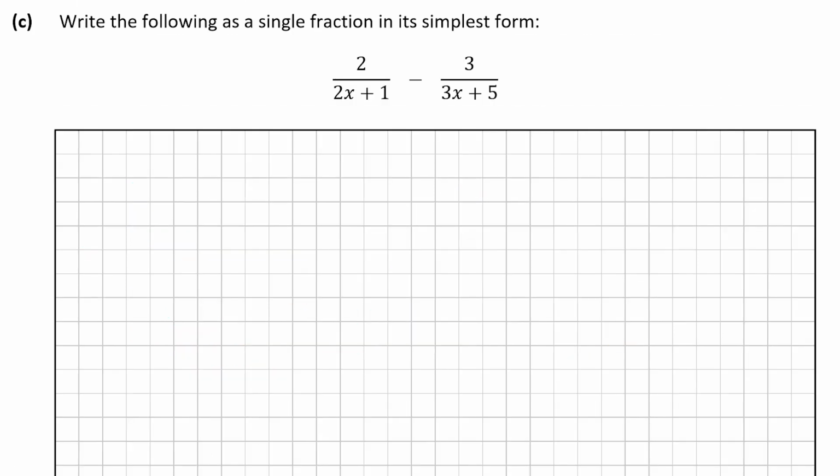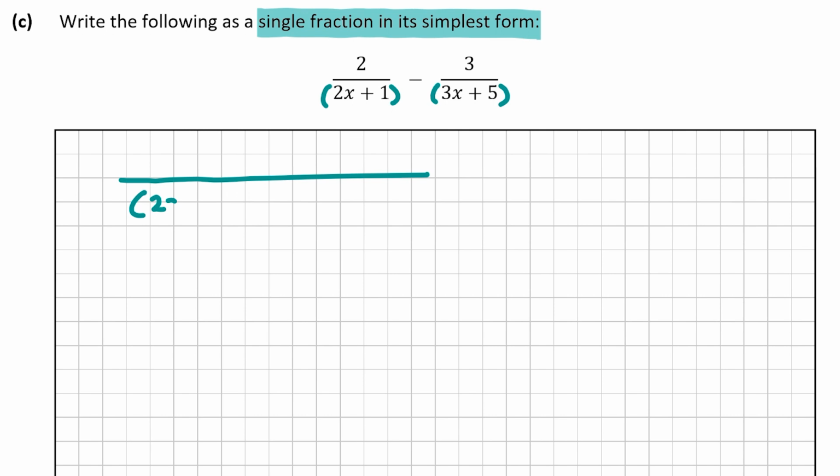In question C, we're asked to write the following as a single fraction in its simplest form. So the first thing we're going to do is find the common denominator. And the common denominator here, we can see is just going to be the two divisors multiplied by each other. So it's going to be 2x plus 1 multiplied by 3x plus 5.